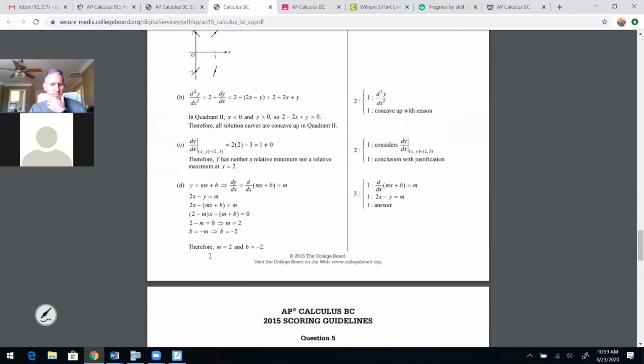Is a solution. Do you guys see why they are setting this equal to 0 right here? 2 minus m equals 0. I think they're just finding the two values that would set those both to be 0, so that the whole thing is 0.